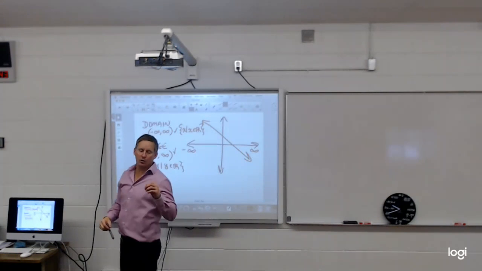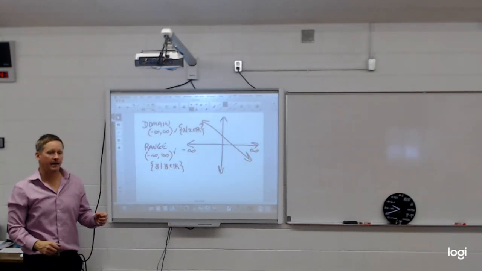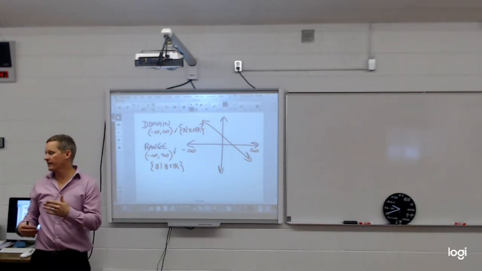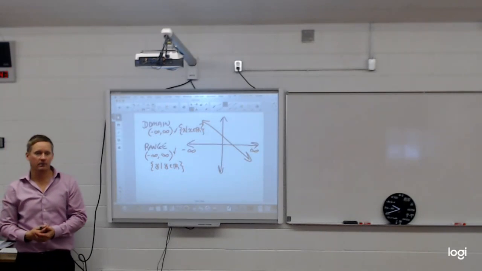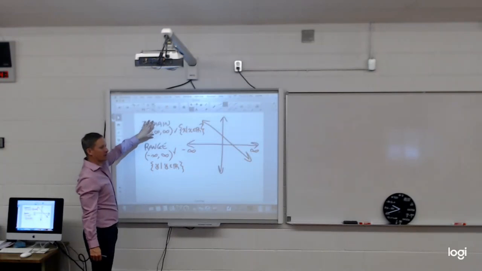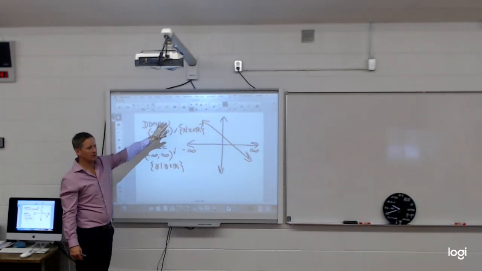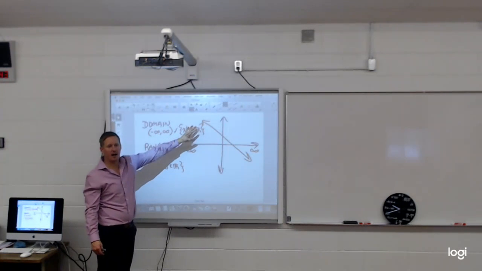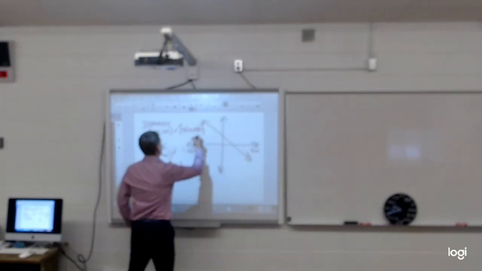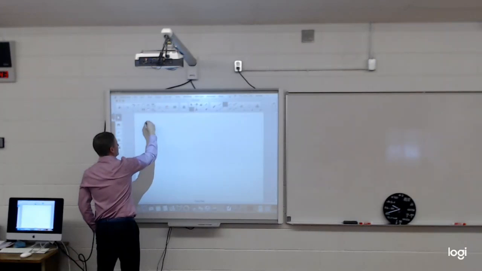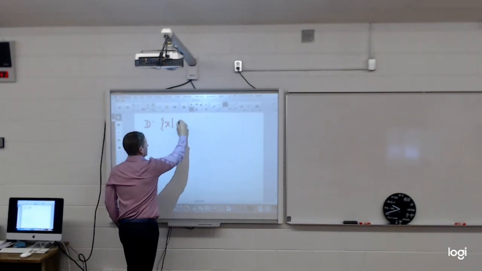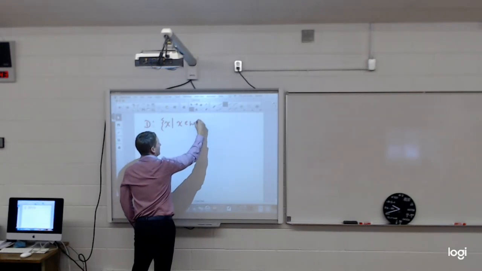Now look at a question that we did today. It said I want all whole numbers. I can't do this with a line, so I need to use squiggly brackets. If it was all whole numbers, my domain would be x such that x is an element of whole numbers.